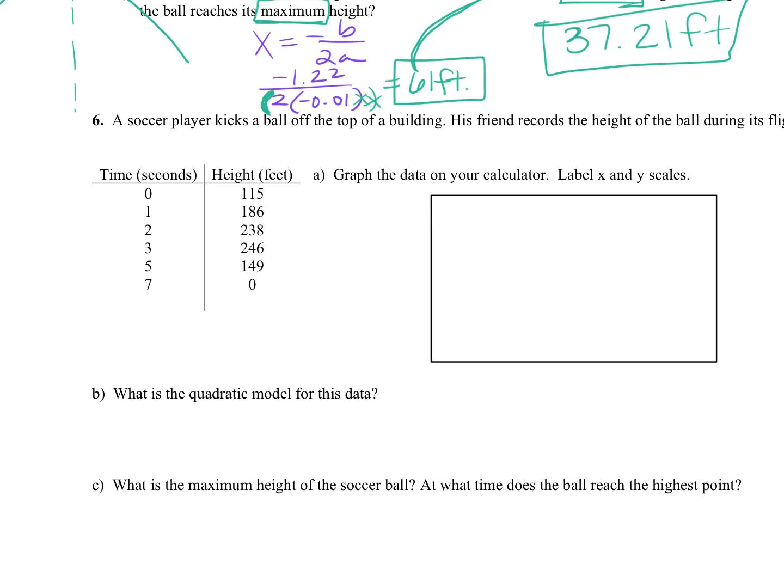So we're saying at 2.85 seconds, which if you look at your data here, let's look at it here. Okay, 2.85 seconds is here. So 238 to 246, they're saying somewhere in between there is where we hit our peak, which is not technically true when you see what we plug in here, but it's because we're rounding a bunch of stuff. So this is your x at this many seconds.